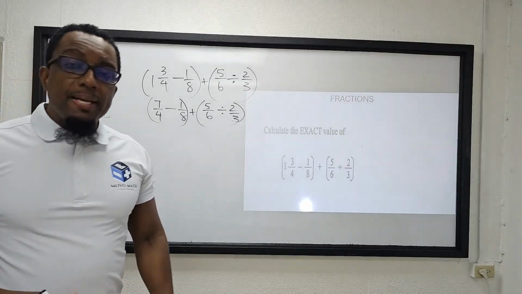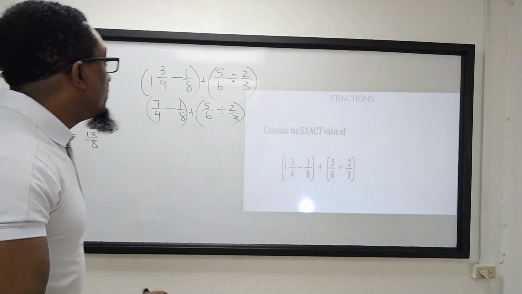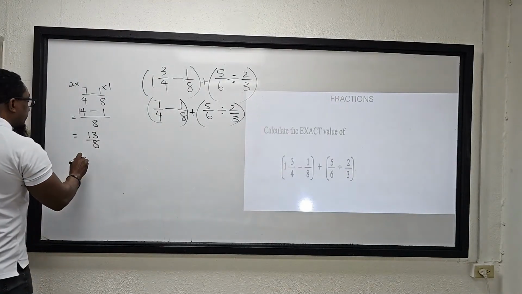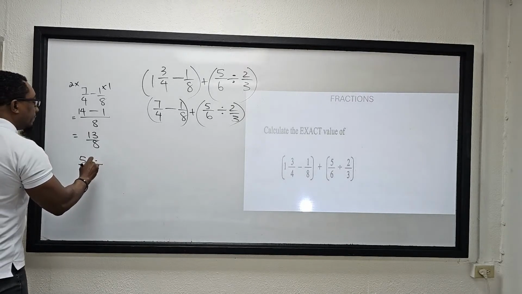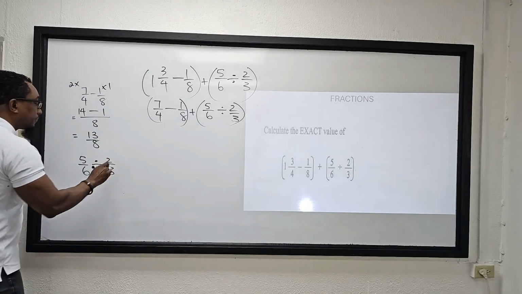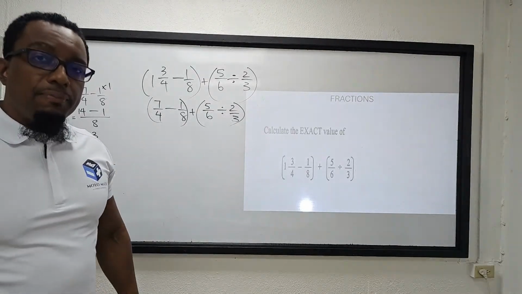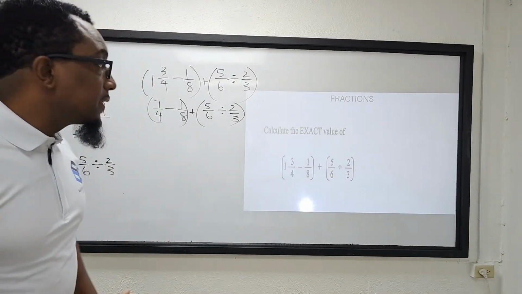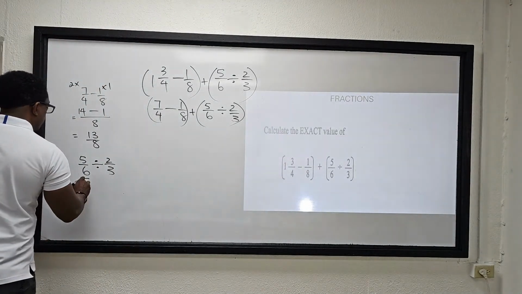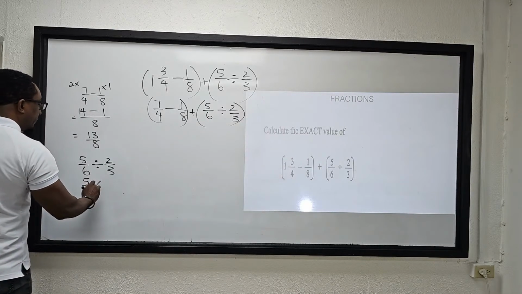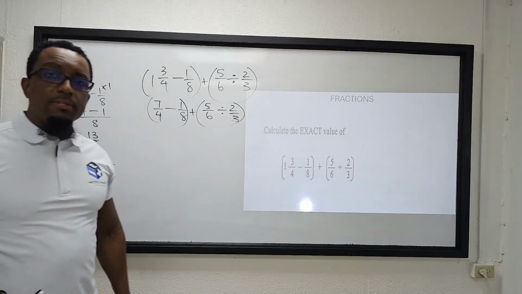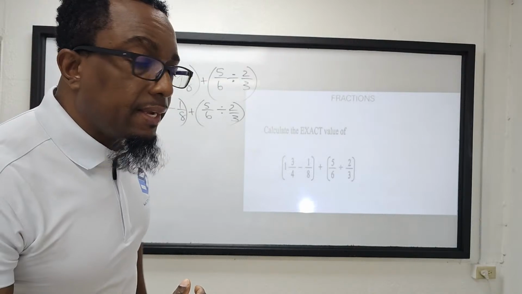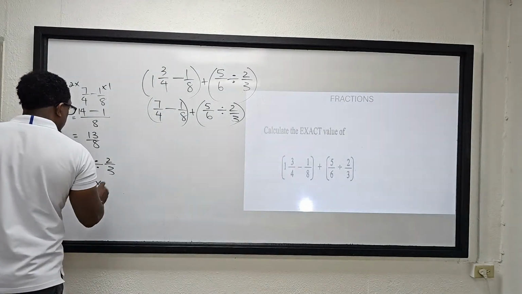Let me work out what is in my second bracket one time. So this will be 5 over 6 divided by 2/3. And when we are dividing two fractions again, what do we do? We leave the first fraction as is. We change our division to a multiplication sign, and then we invert the second to become 3 over 2.